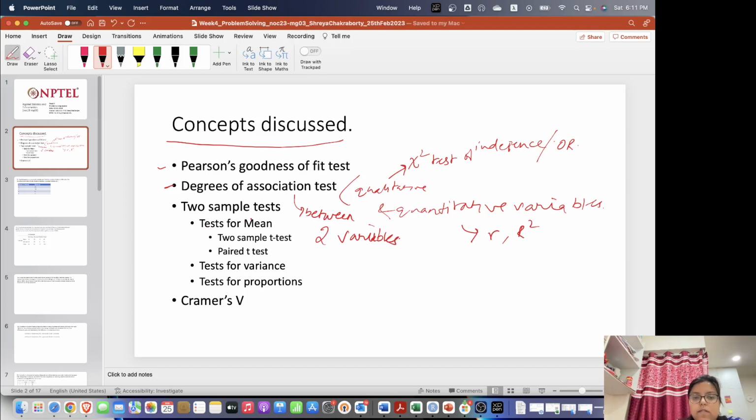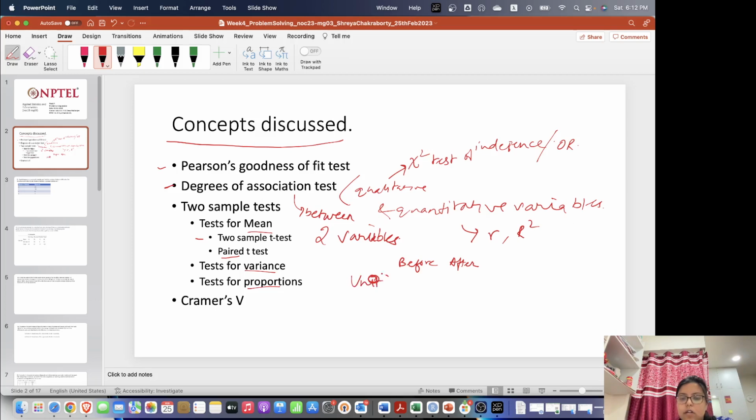Two sample tests for mean and for variance for population proportions were discussed. Tests for mean had two categories. One was when the samples were independent, then we had a two sample t test, and there was another form of test for mean where the samples were paired, like observations pertaining to a single individual with some before after criteria.